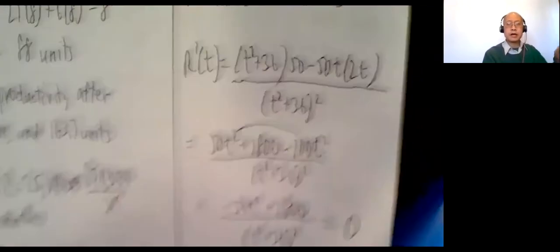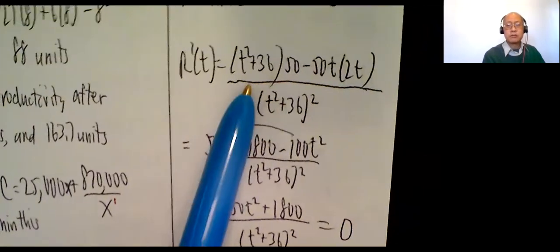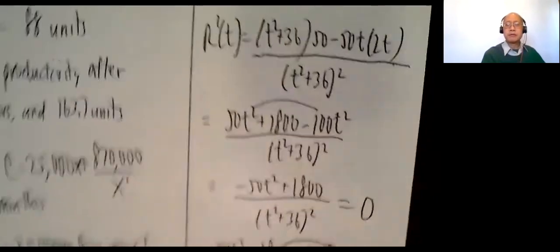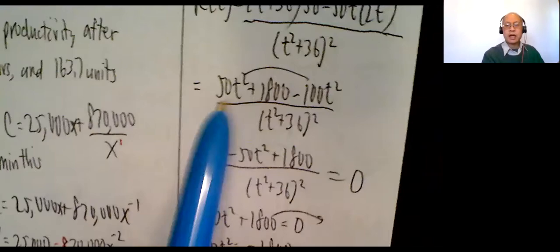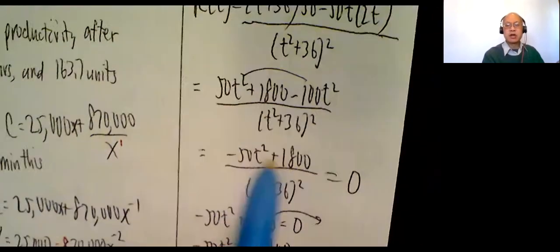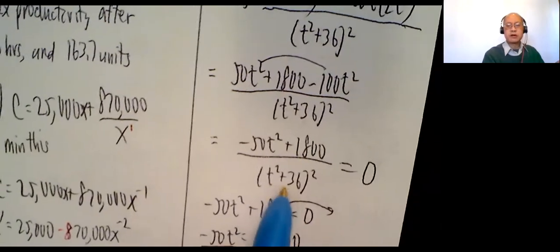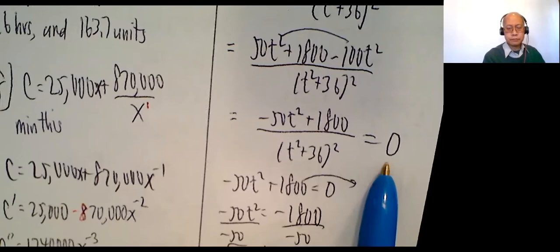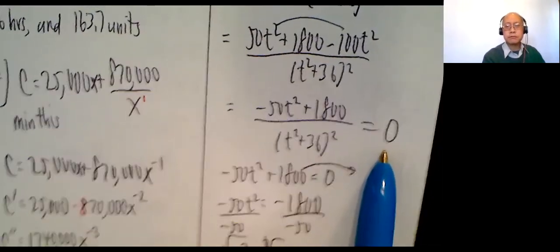All right, so I'll clean that up. So distribute: 50t squared plus 36 times 50 is 1800, and then minus 100t squared. So that comes out to be negative 50t squared plus 1800, all over t squared plus 36 squared. And I set that equal to 0. When is a fraction equal to 0?